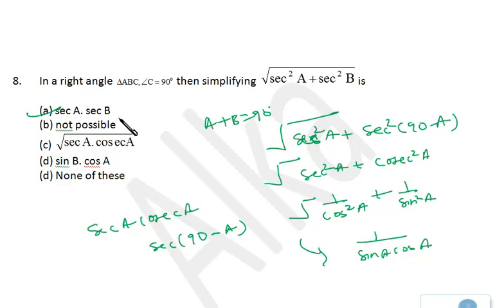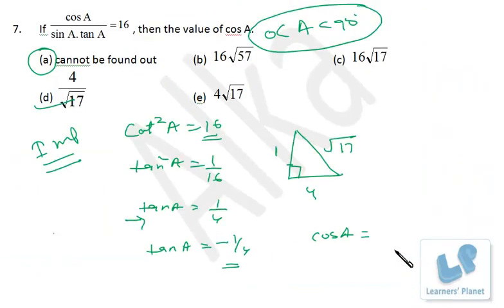That means A and B, both of them are in the first quadrant, right? So if it is the first quadrant, then sine, cos and tan, all of them will be positive. So no need to take the term after square root as negative. But in the previous case it is not mentioned that they are talking about a triangle. So that's why we have to consider both the cases.